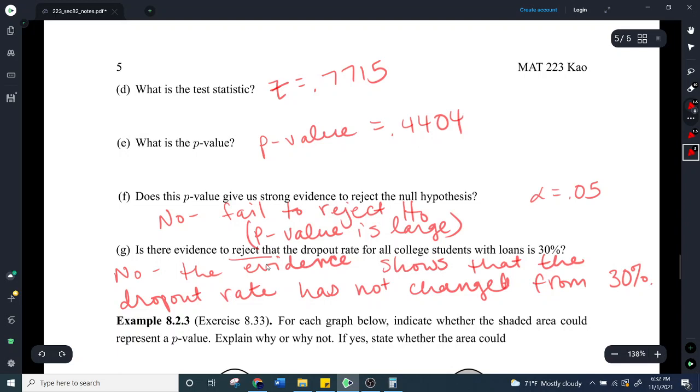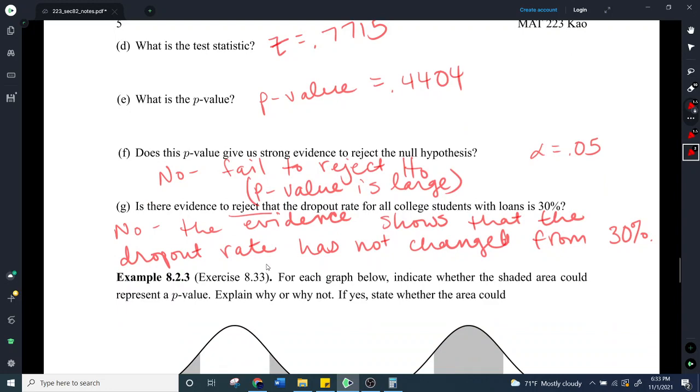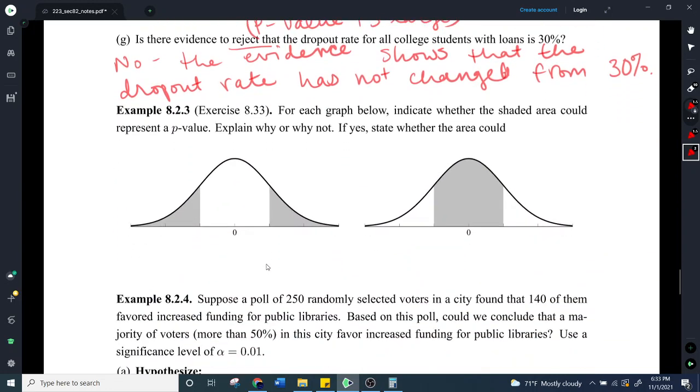So we still think the dropout rate is probably around 30%. We don't have enough evidence to indicate that it's changed based on this particular sample that we have. So we fail to reject the null hypothesis in that case.